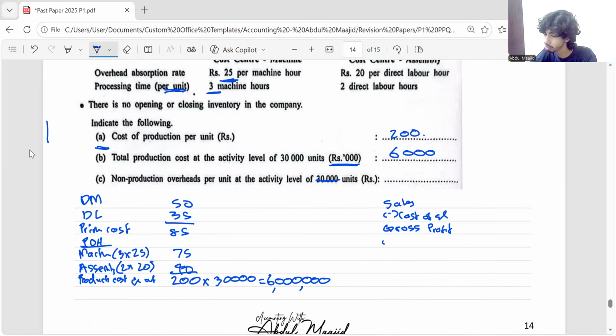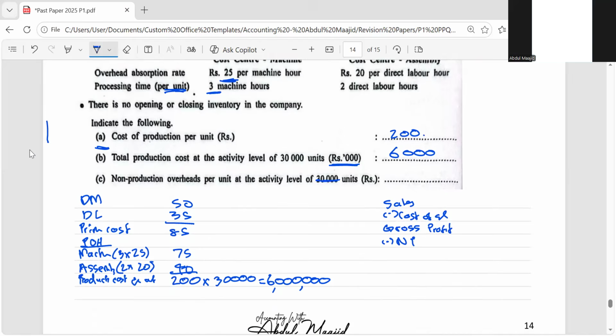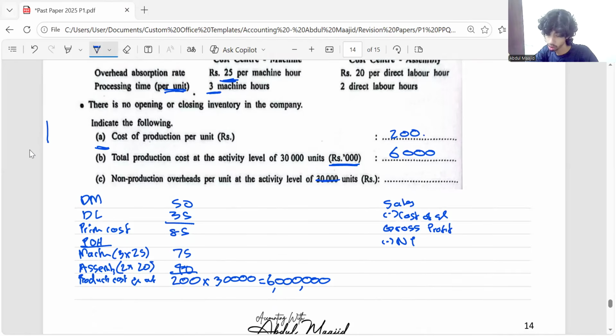From your gross profit, if you deduct your non-production overheads, non-production overhead means your distribution expense, your admin and other, and finance expense. So when you deduct that non-production overhead from your gross profit, you will get your net profit.